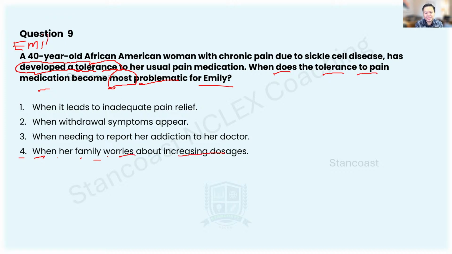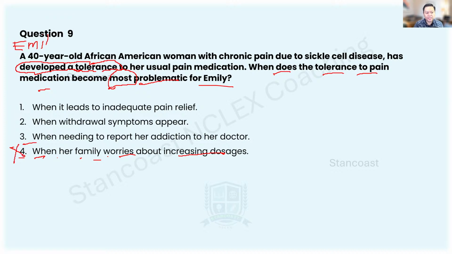Would that really be the most reason, or the ultimate reason that there will be a problem in the pain medication therapy? Maybe at some point, or to some degree, the family concerns will have a certain weight, especially in the administration of pain medication, but this isn't the ultimate reason. So we are going to eliminate that.